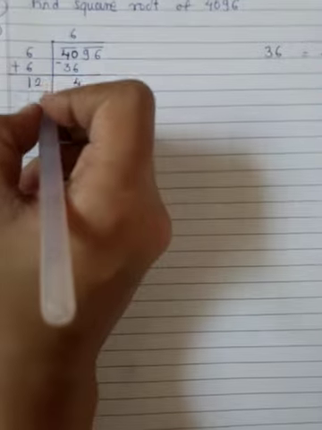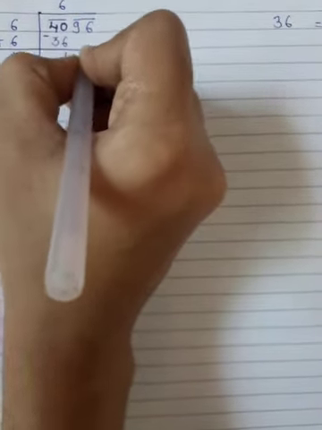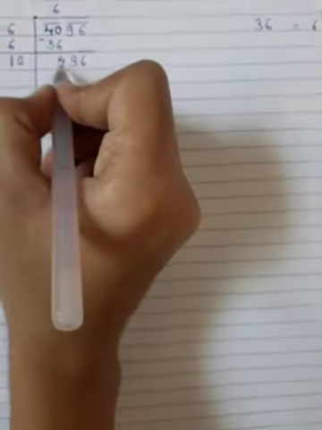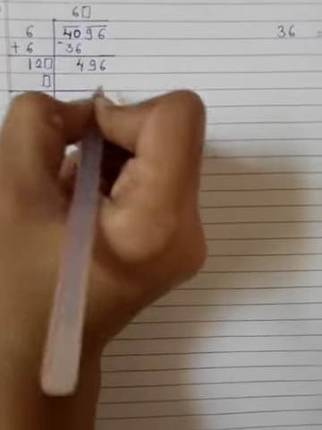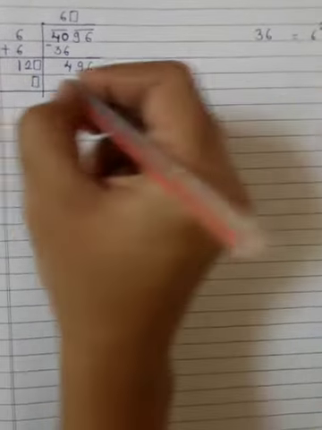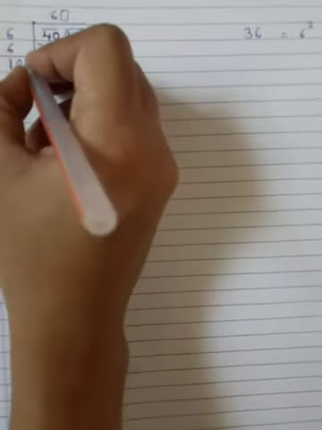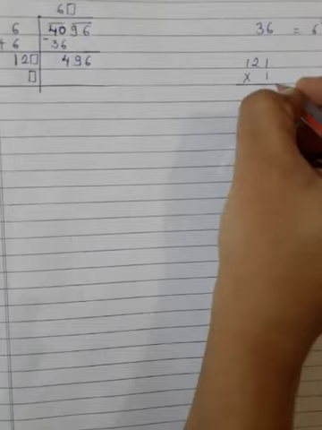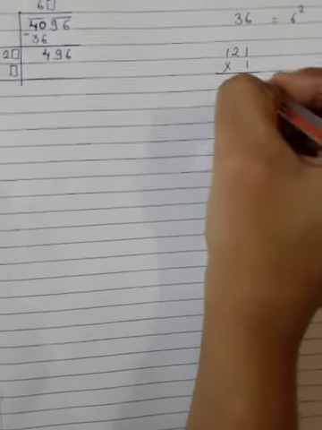Remove some space on the right. Now put the other pair next to the remainder, and we get 496. Now here we have to write the same number in 3 boxes. So find such a number. If we choose 1 here, 121 multiplied by 1 gives 121. So we can't choose 1.